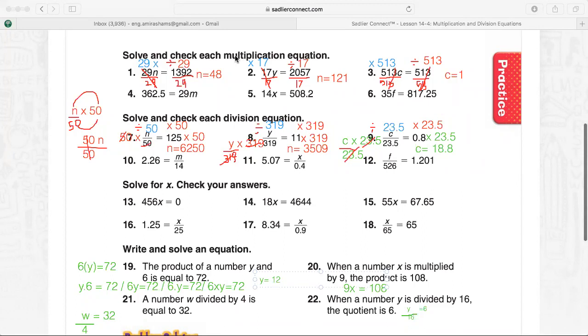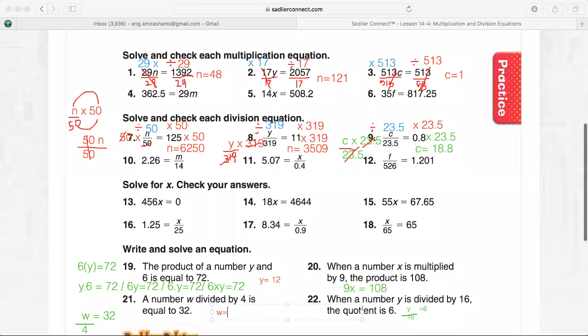Excellent. Thank you so much. Who will answer number 21? Me. You already answered it. No, I want to get the value of W. I have W over 4, so I divide by 4, so I will multiply by 4 on both sides.